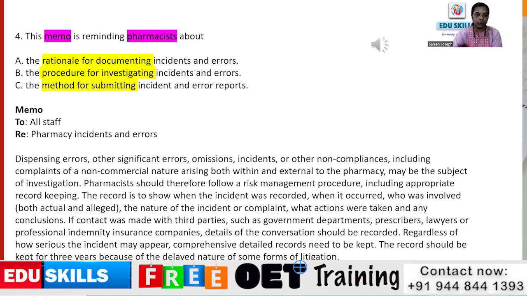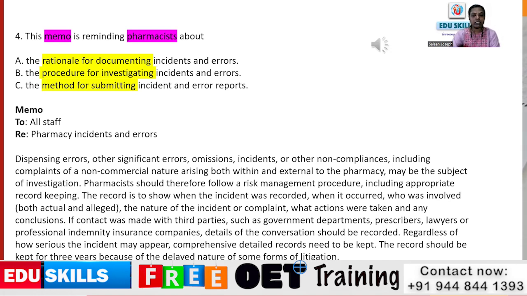When you read the text, it's a memo to all staff regarding pharmacy incidents and errors. Dispensing errors, other significant errors, omissions, incidents, or other non-compliances, including complaints of a non-commercial nature arising both within and external to the pharmacy, may be the subject of investigation. Pharmacists should therefore follow a risk management procedure, including appropriate record keeping.